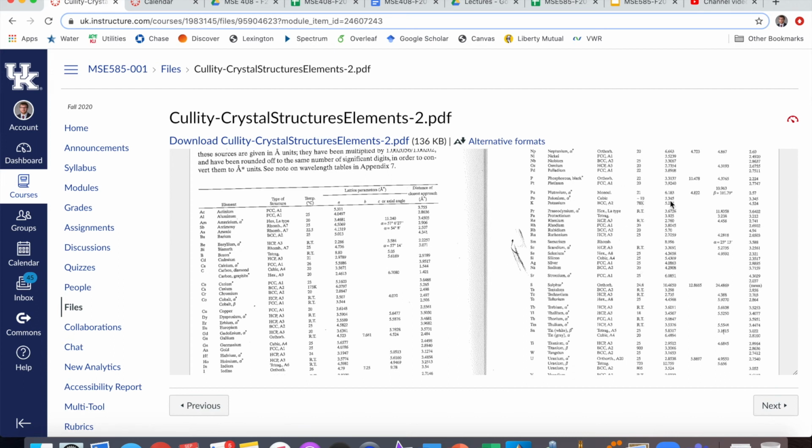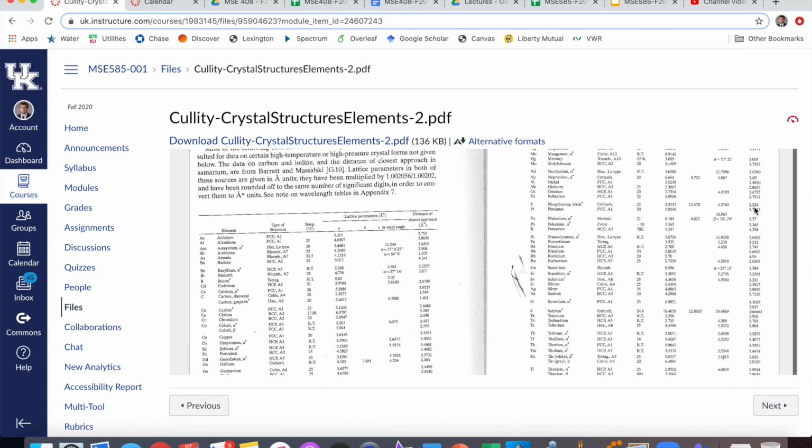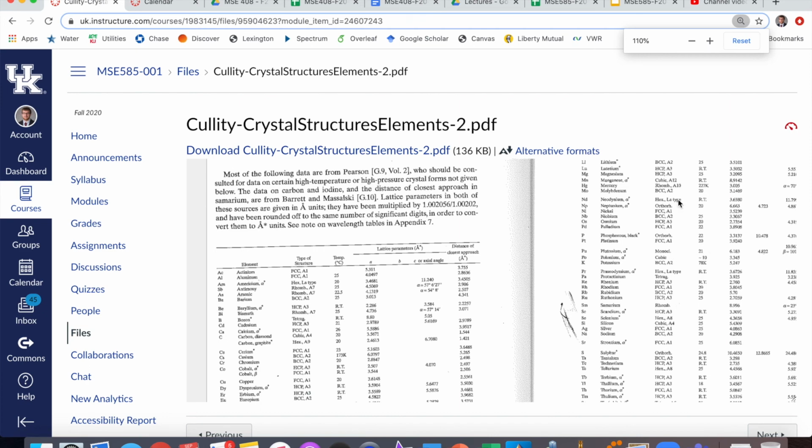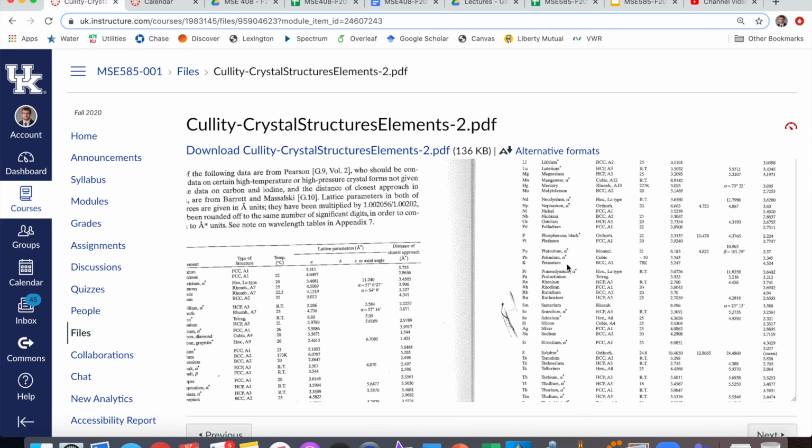So we'll also notice, let me see if I can zoom in here. Maybe not. There we go. Polonium, and then the lattice parameter, which is this value, which is 3.345. And we were looking, if it was simple cubic, for 2.0269.